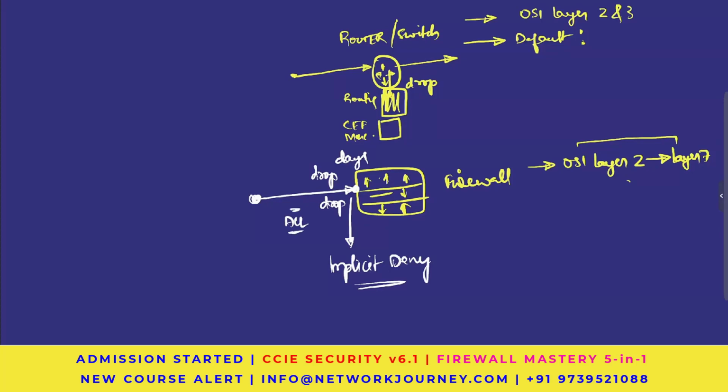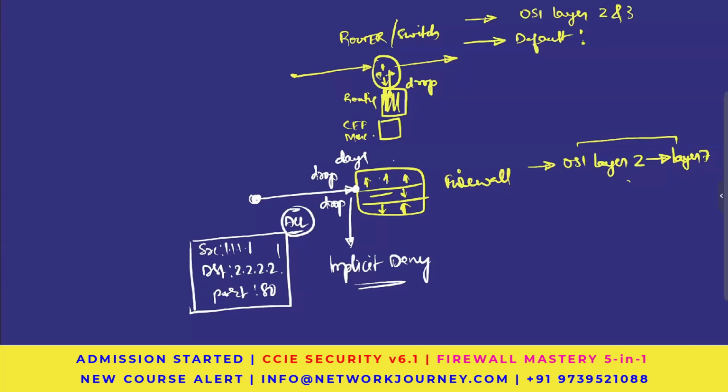Now if the ACLs say yes, allow this traffic, let's say source 1.1.1.1, destination 2.2.2.2, and port number 80. Now, this is something added in the ACLs of this firewall.